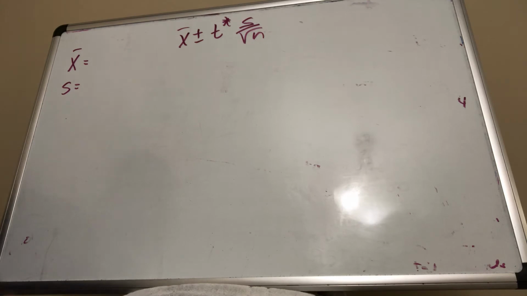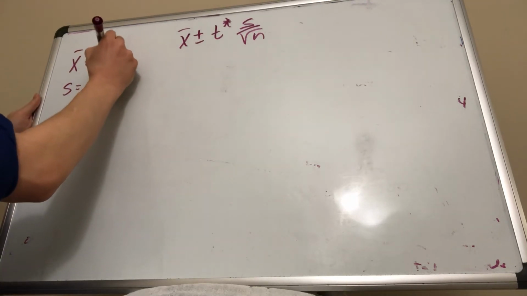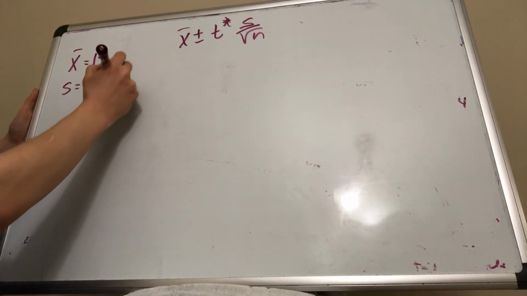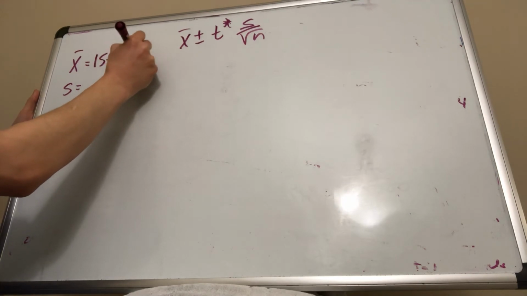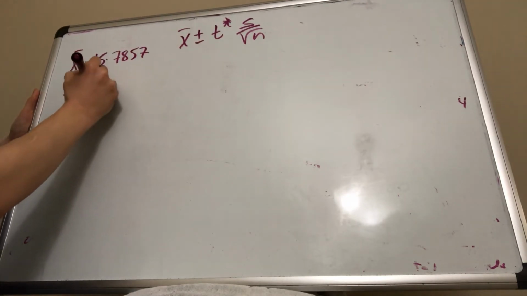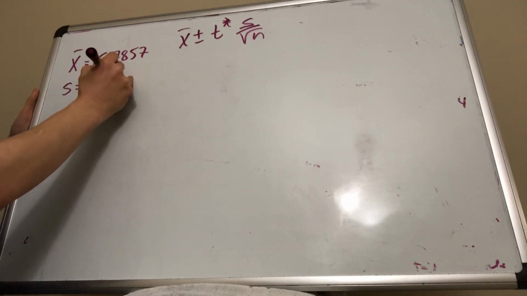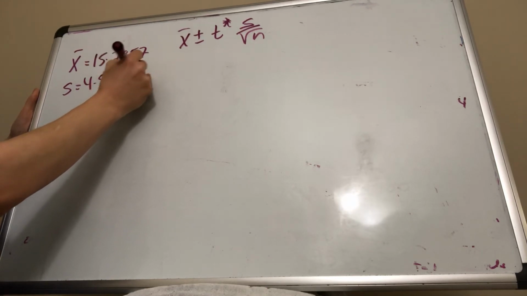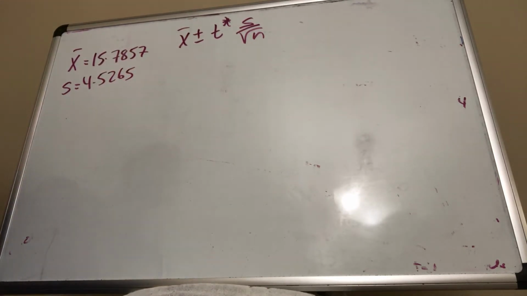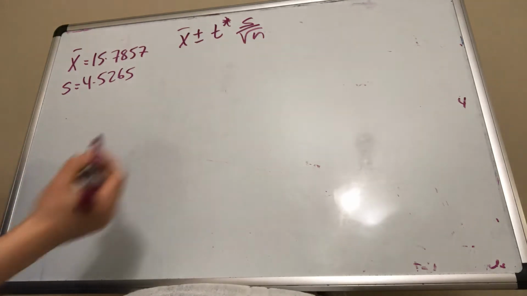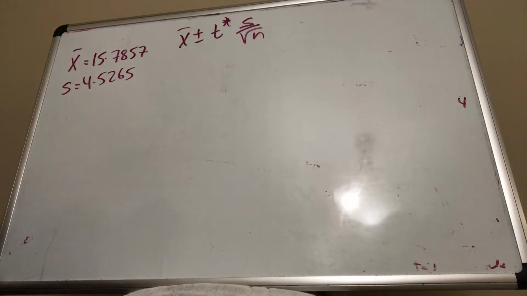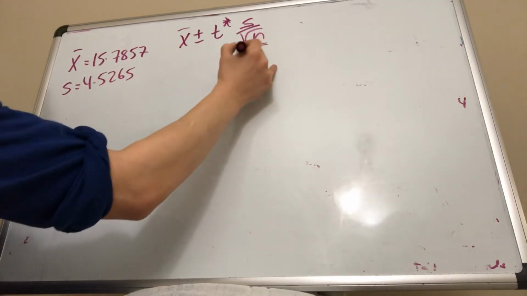I did this earlier. Average is 15.7858, and the standard deviation is 4.526. Now, the first question is asking for the standard error, only this part.